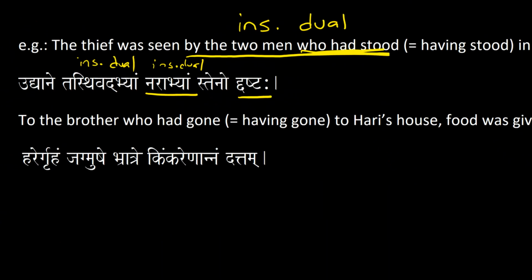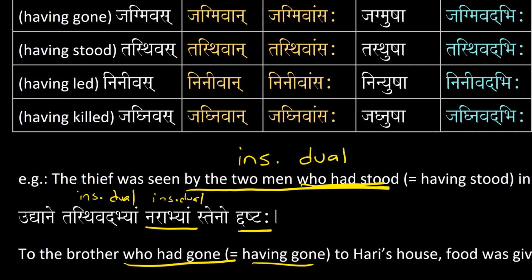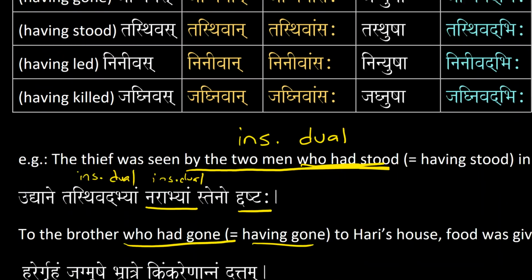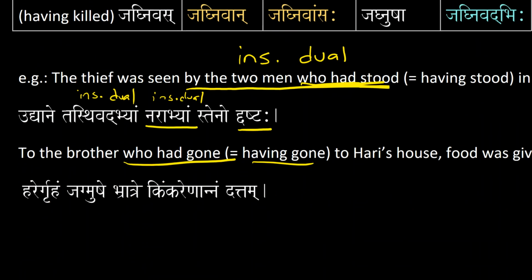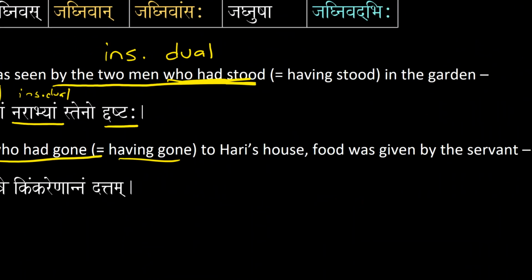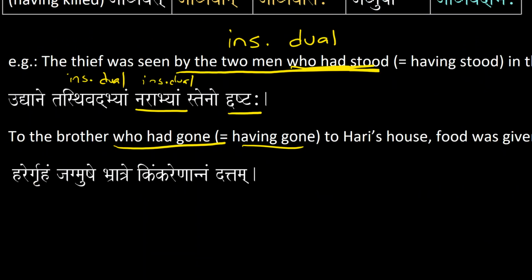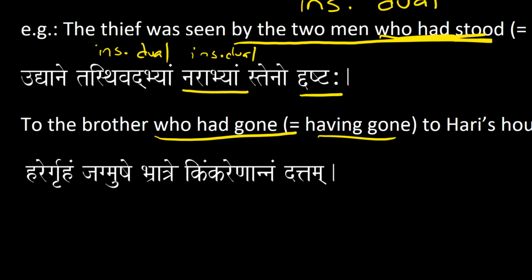And now we have to the brother who had gone, or having gone. Who had gone, again, is the same thing as having gone. So the verb that we are going to work with here is jagmivas, having gone. So to the brother who had gone to Harry's house, food was given by the servant. In other words, food was given by the servant to the brother who had gone to Harry's house.